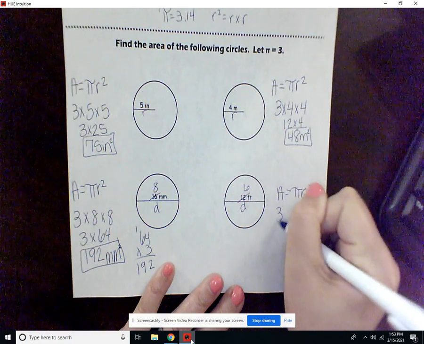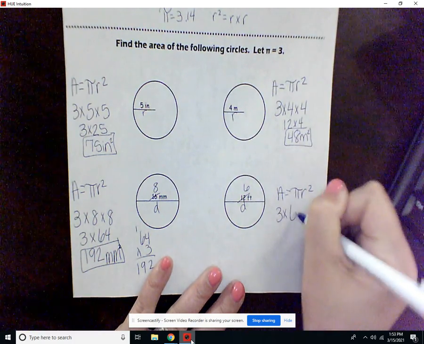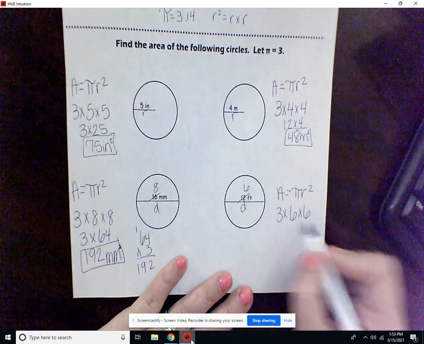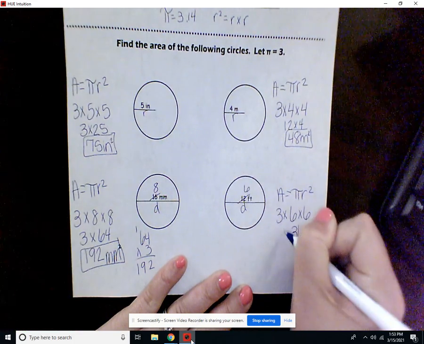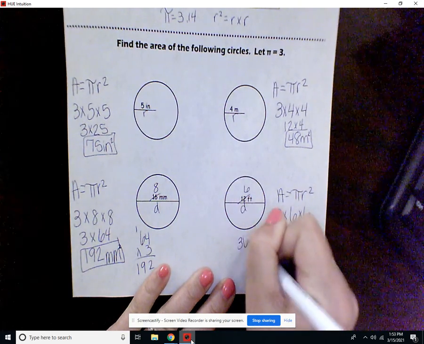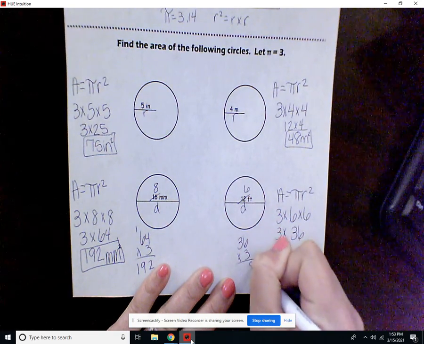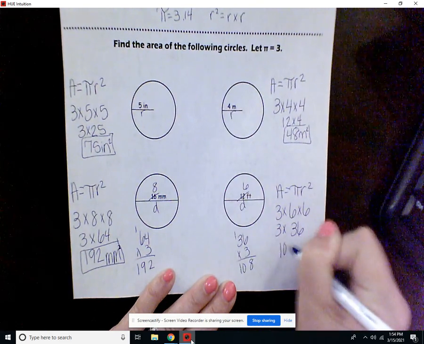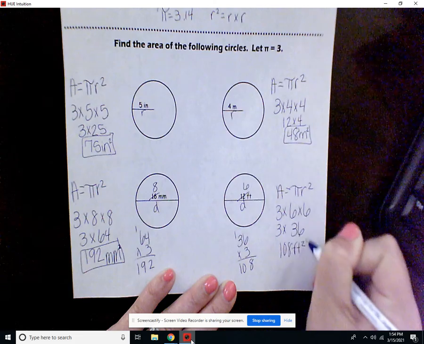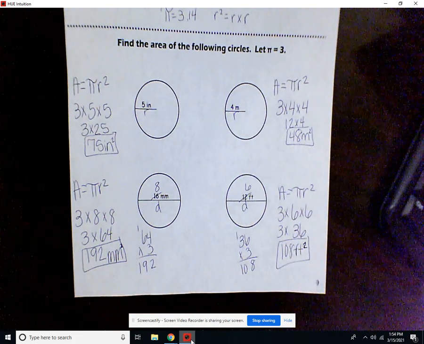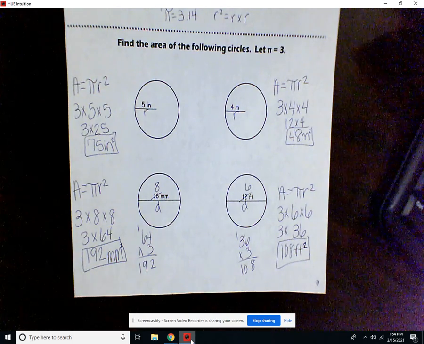Pi is 3, and we're going to do 6 times 6. 6 times 6 is 36. Then I'm going to times it by pi, which is 3. So we get 108 feet. And again, put a little 2 for squared, so feet squared.